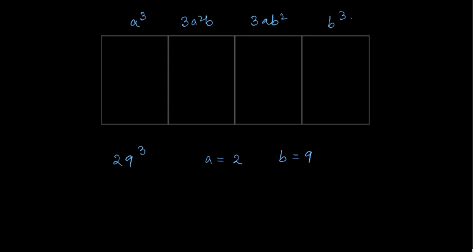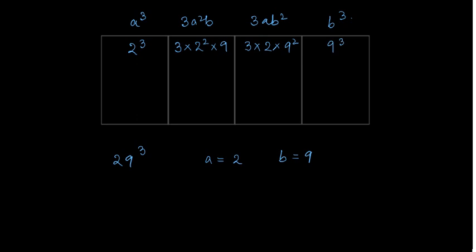Over here a is 2 and b is 9. So in the first box goes 2 cube, in the second one goes 3 multiplied by 2 square multiplied by 9. Then in the third one goes 3 multiplied by 2 multiplied by 9 square, and in the fourth one it is b cube, which is 9 cube.